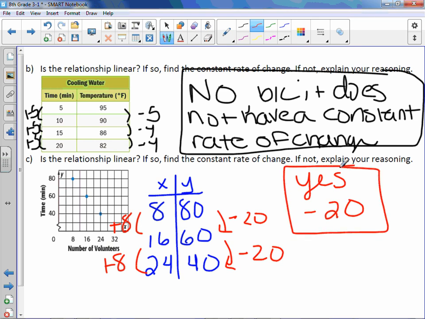And again, we could say it drops 20 volunteers per minute. Oh, actually, hang on a minute. Mistake there. Jumping ahead of myself. We have to take our negative 20 divided by 8.